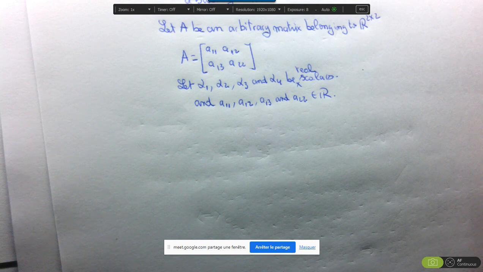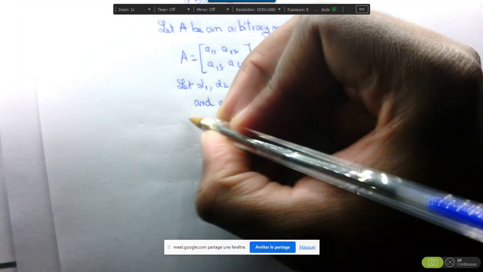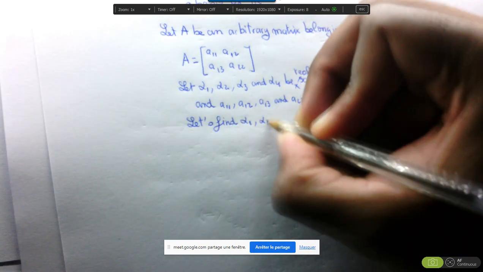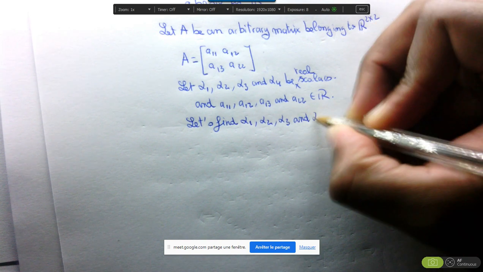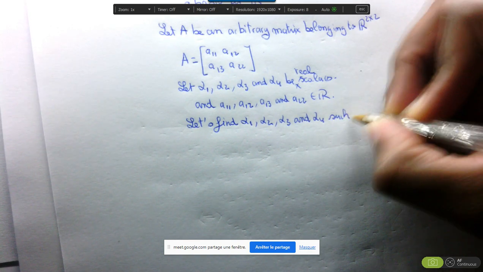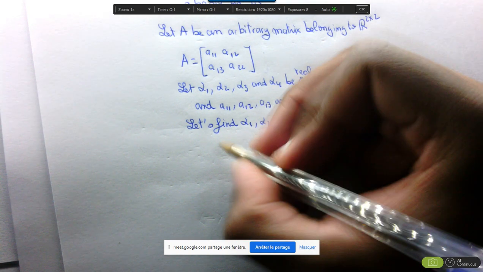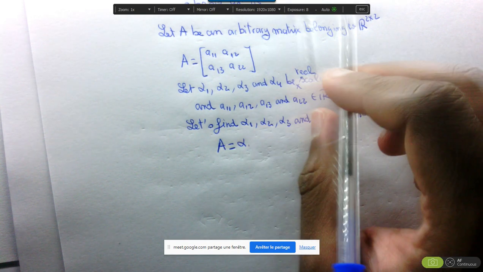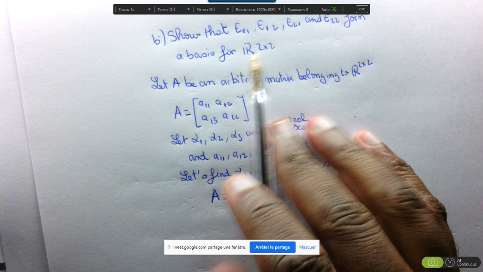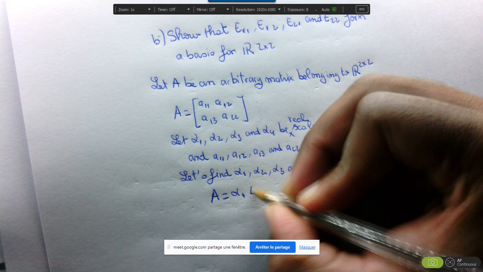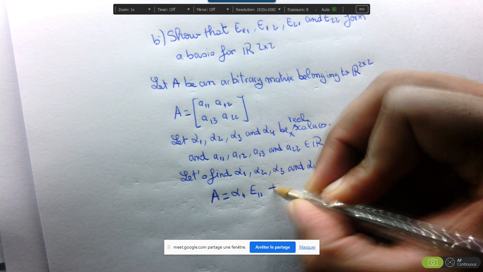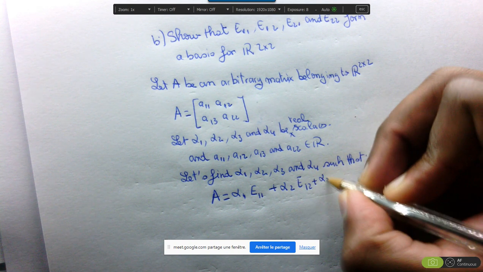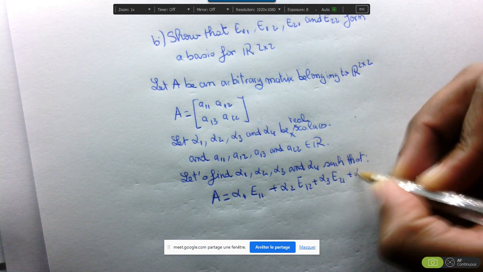So now let's find alpha 1, alpha 2, alpha 3, and alpha 4 such that the matrix A is a linear combination of these matrices: alpha 1 E11 plus alpha 2 E12 plus alpha 3 E21 plus alpha 4 E22.